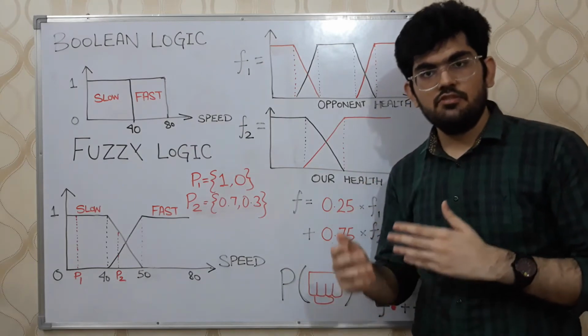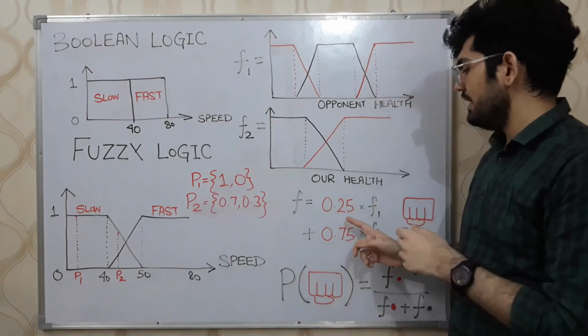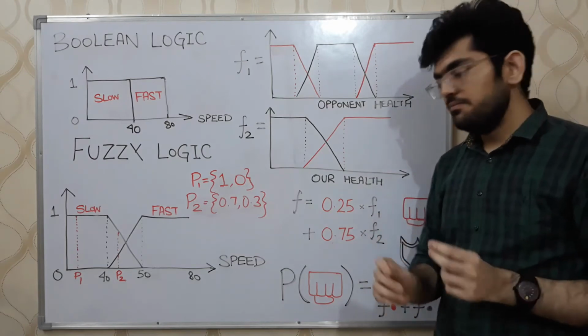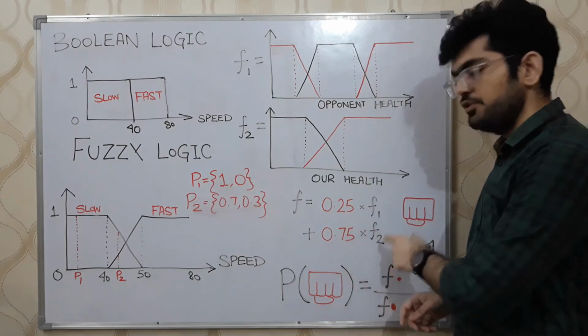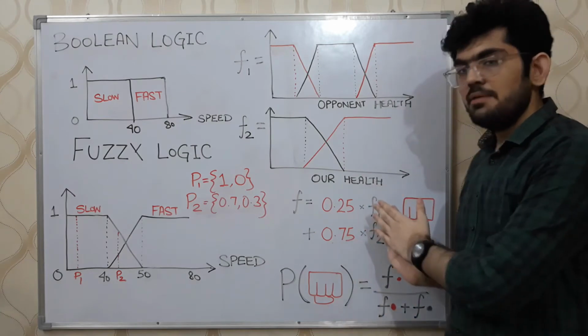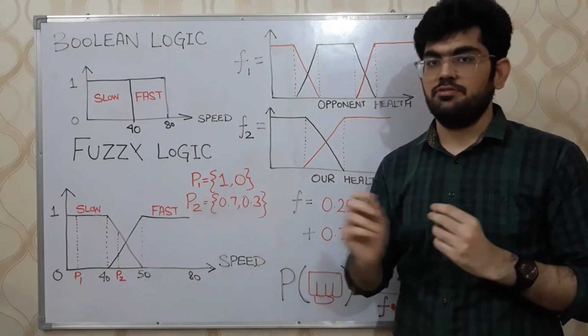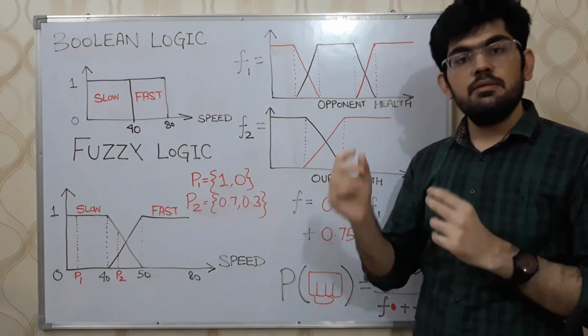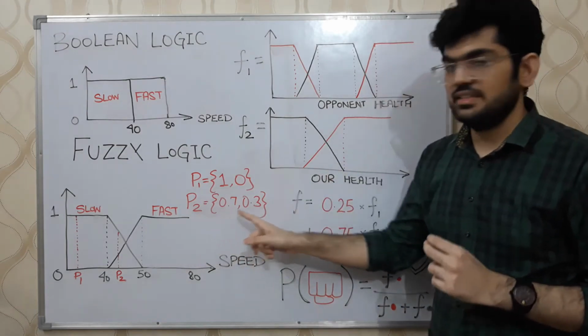We do the same thing for defensive behavior, multiply the f1 defensive behavior by 0.25 and the f2 defensive behavior by 0.75. Add them up and get a new defensive behavior from that. Offensive behavior and defensive behavior represent the membership values that we had in this case.